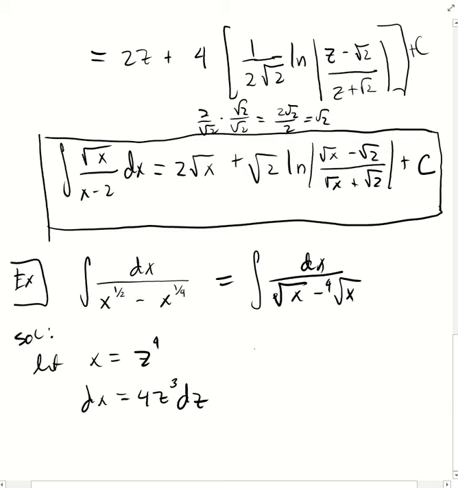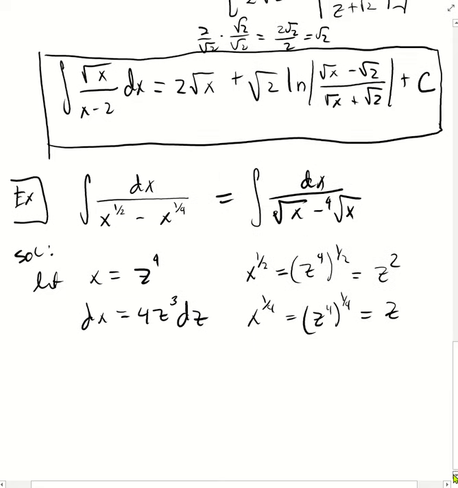Then what will be x raised to 1 half, or square root of x? X raised to 1 half is z to the 4th raised to 1 half, so 4 over 2, this will be z squared. And we also have x raised to 1 fourth, so this will be z raised to 4 raised to 1 fourth, and that is just equal to z.